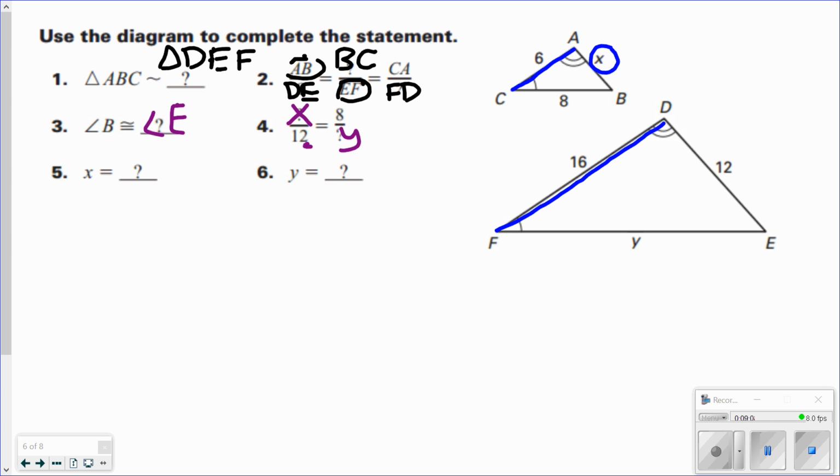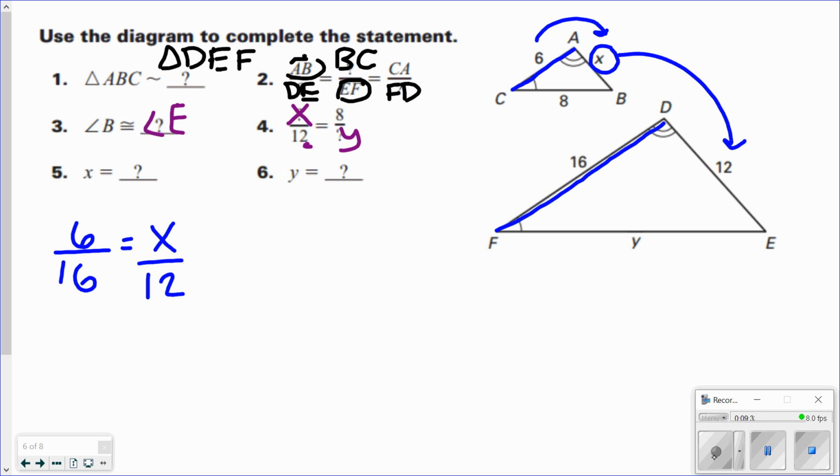So let's write a ratio, and remember it doesn't matter which order you use because you get the same answer. I'm just going to use 6 over 16 is equal to, since I used 6 first, I have to use X first in my next ratio. X over, and what corresponds with X? It would be 12.